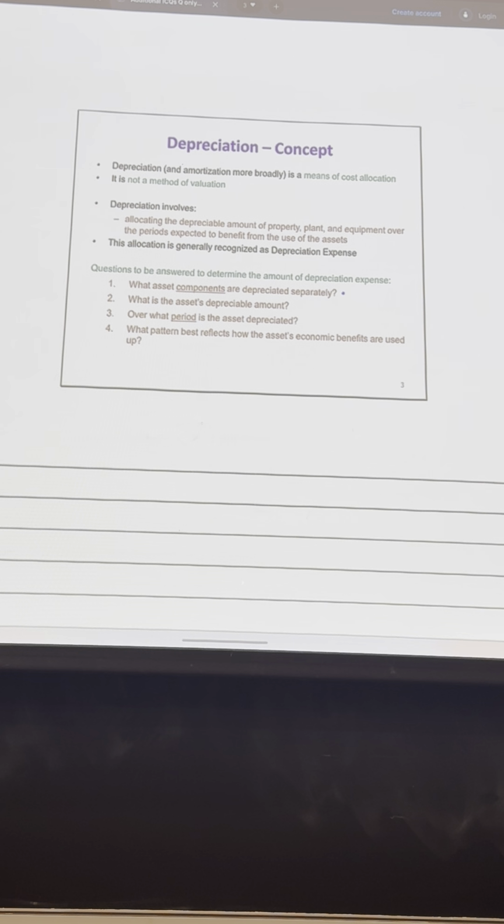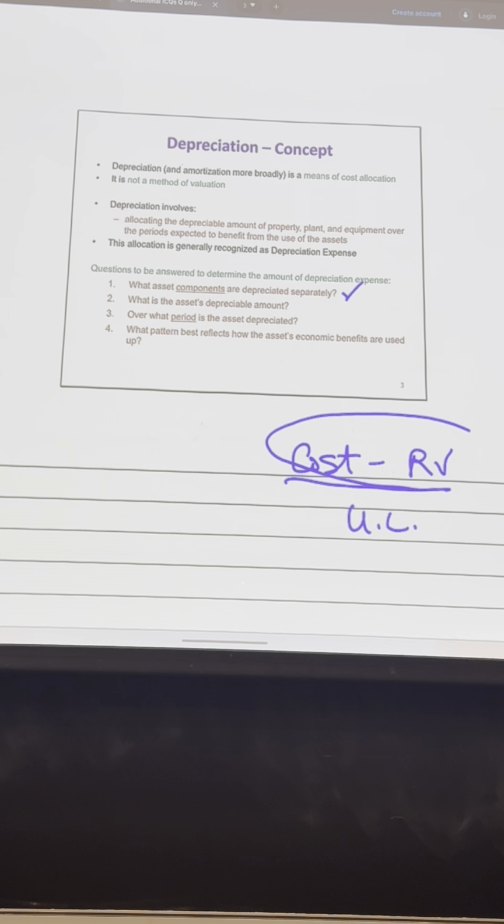So number one is you need to know what the different components are. Number two, you need to determine the asset's depreciable amount. So what is that, you guys? It's going to be cost less residual value over useful life, okay? This is called depreciable amount.